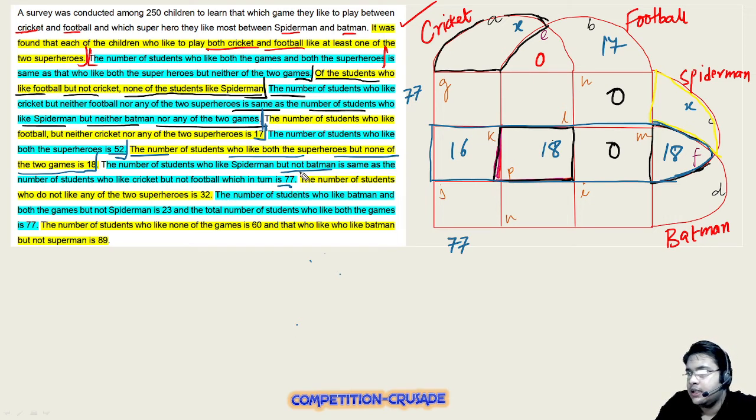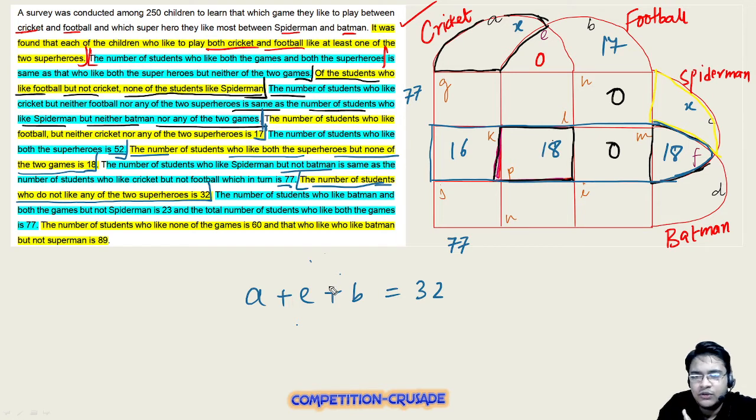Okay, let's move ahead. The number of students who do not like any of the two superheroes is 32. Superheroes is exactly all of this area, so none of that will be A, E and B. So A plus E plus B is 32.